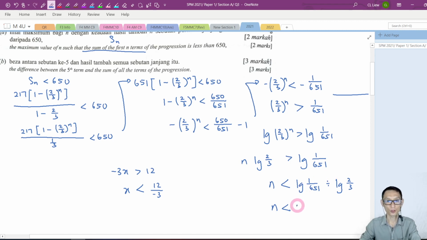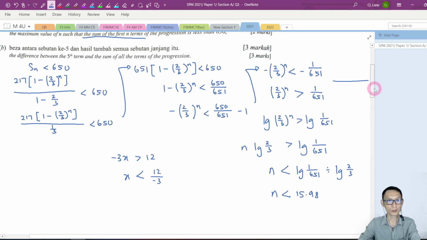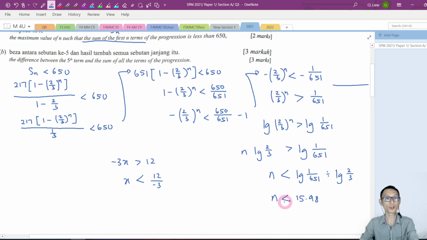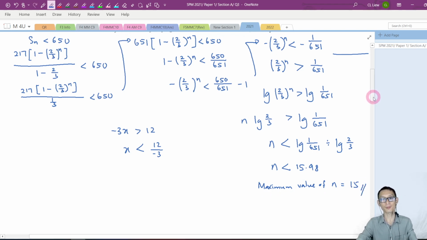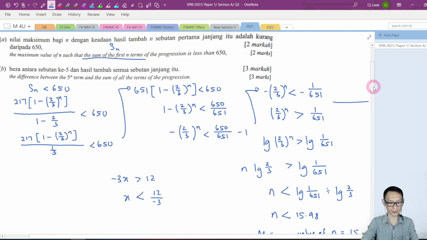You will get 15.98. So the maximum value we can go for n is 15. The maximum value of n is 15. This is the answer for part A.